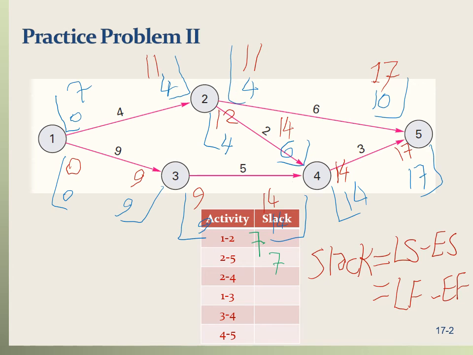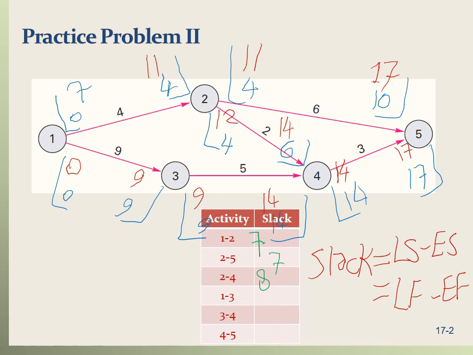Next activity, activity 2 to 4. For 2 to 4, the late start is 12, the early start is 4. So the slack is 12 minus 4, 8. Or it could be late finish and early finish, that's 14 minus 6, that's still 8.